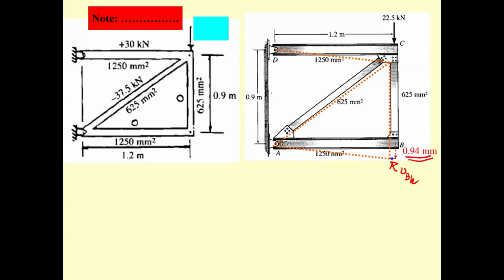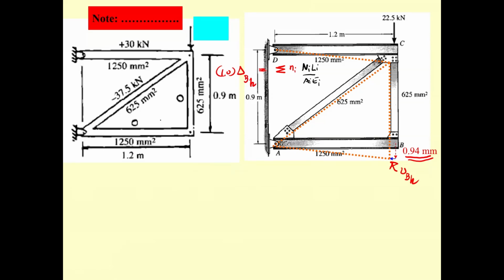Okay, 1.0 times delta sub B in horizontal direction is going to be equal to the summation of small n sub I, and then the same term, N sub I L sub I over A sub I E sub I.